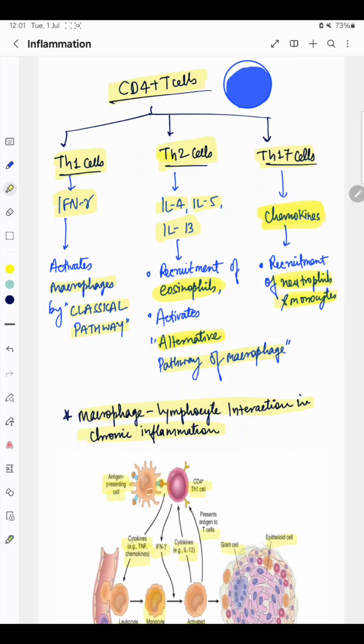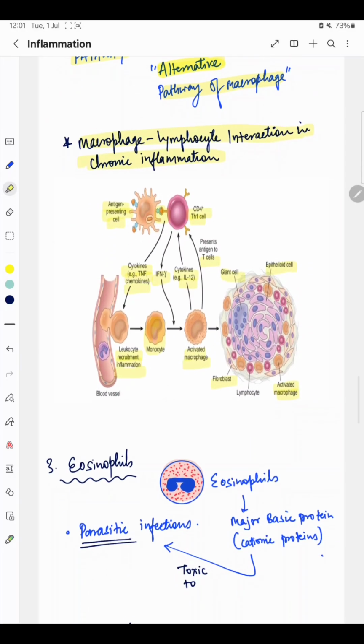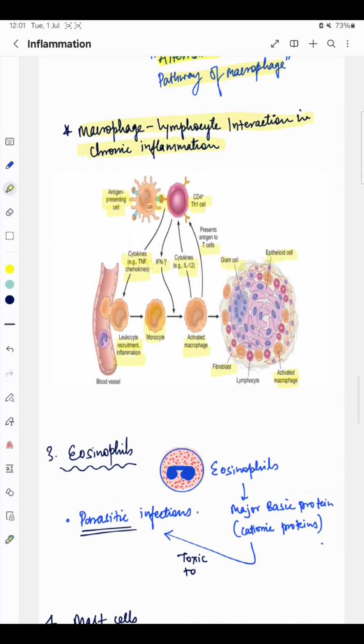This is a diagrammatic representation of macrophage lymphocyte interaction in chronic inflammation. The antigen presenting cell reacts with the T helper cell, the CD4 cell, and after activation the CD4 cell secretes interferon gamma, which converts monocytes into activated macrophages by the classical pathway, and these activated macrophages secrete interleukin 12, which further activates the Th1 cell.